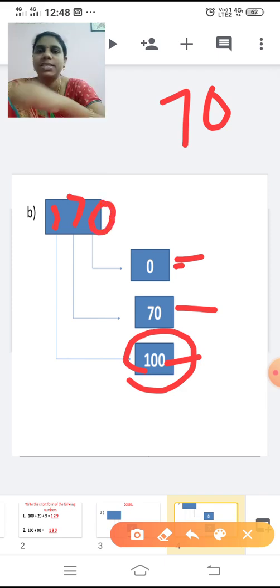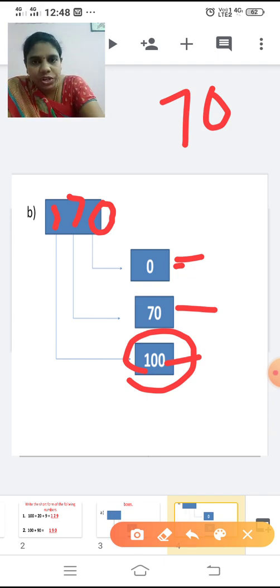So the number formed is 170. So how to form a number? You are going to start from the hundreds place. Right, children? Face value of 100 is 1. Face value of 70 is 7. And face value of 0 is 0. So the number formed is 170.